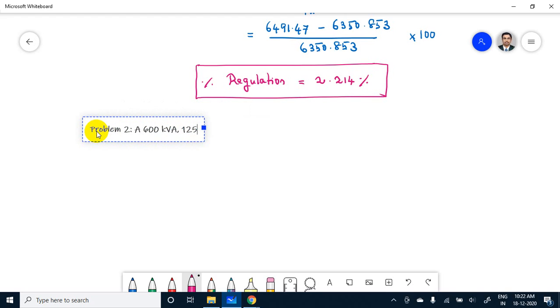You are going to recollect the concept which you studied in your basic electrical engineering and electric circuits. A 600 kilovolt ampere, 125 volt alternator connected in delta is reconnected in star.